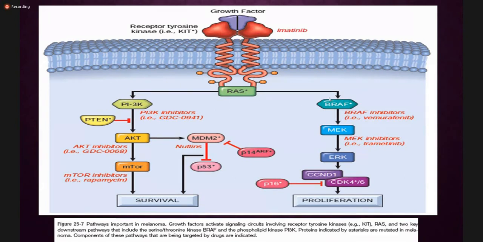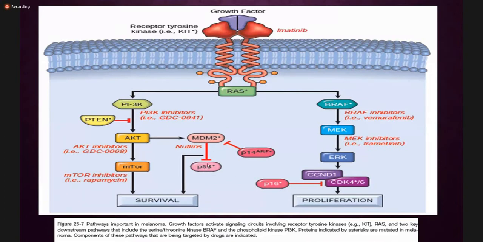Then you can see a mutation in the BRAF protein. All these asterisked ones are mutations. So growth factor activates signaling circuits involved in receptor tyrosine kinase KIT, RAS, and two key downstream pathways that include BRAF and PI3K pathways. Proteins indicated with asterisks are mutated in melanoma.